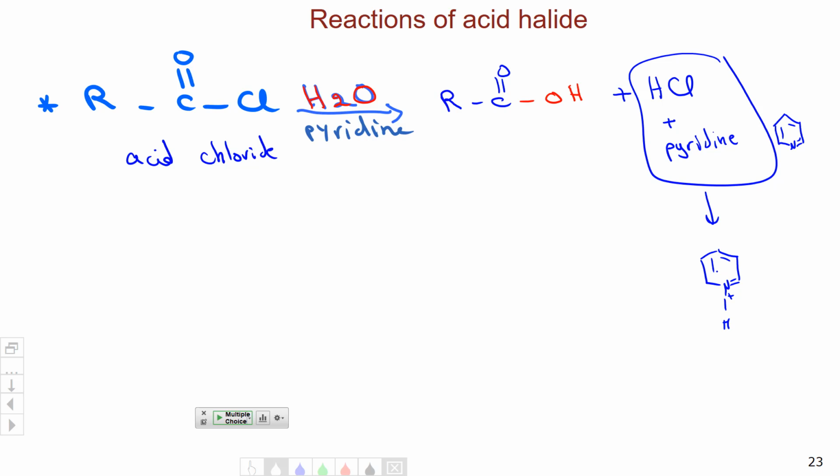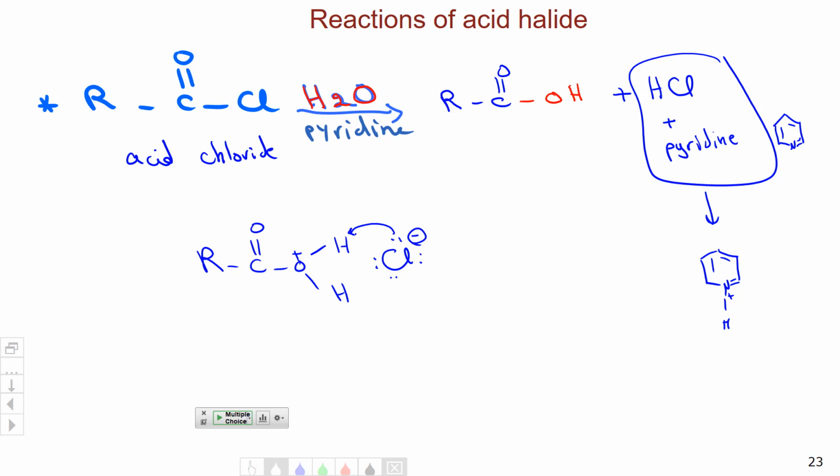So if I start with an acid chloride, add H2O to it, the expectation is the water being the nucleophile, it's going to replace the Cl. So it's going to be somewhere right here. Then the Cl minus that left the acid chloride will pick the hydrogen to be an HCl. So we're ending up with a carboxylic acid and an HCl.